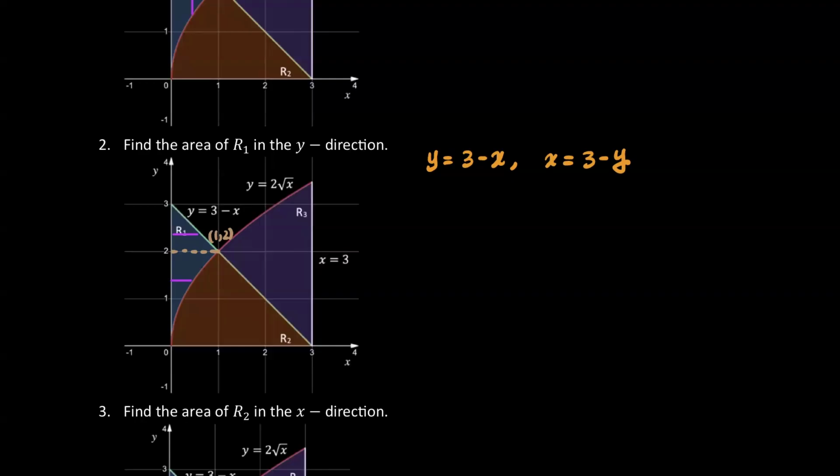And if y is 2 square root of x, then square root of x is y over 2. So x is y squared over 4.